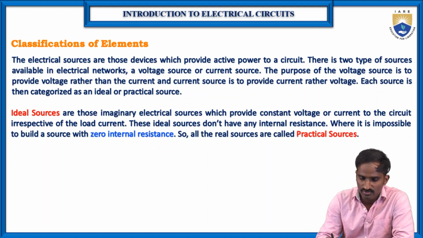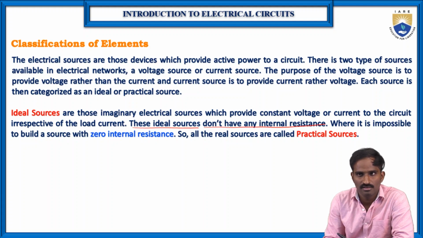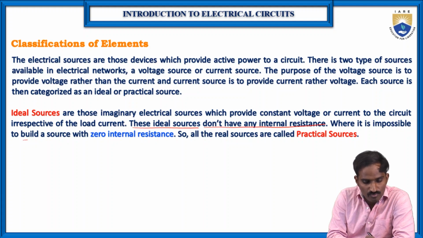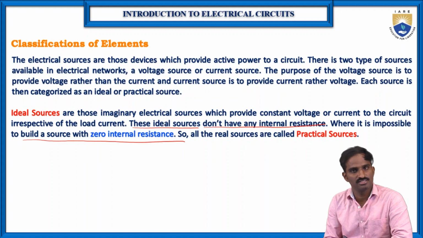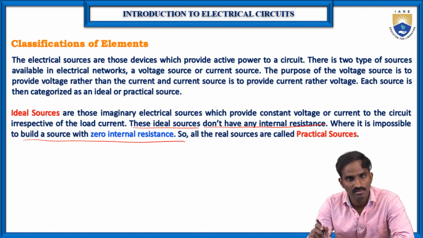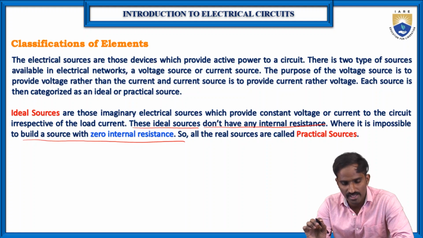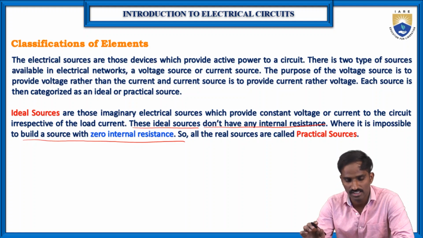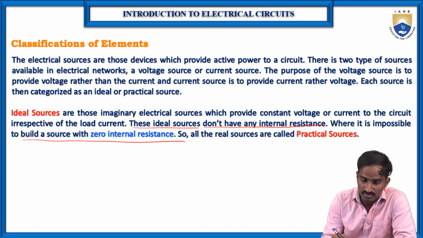Okay, so that's why in an ideal source you can see it doesn't have any internal resistance, but it is impossible to build a source with zero internal resistance, because practically every source has some internal resistance. That is the practical source.